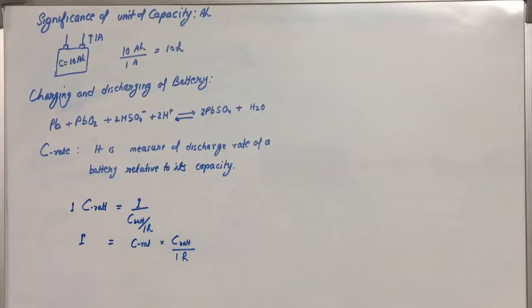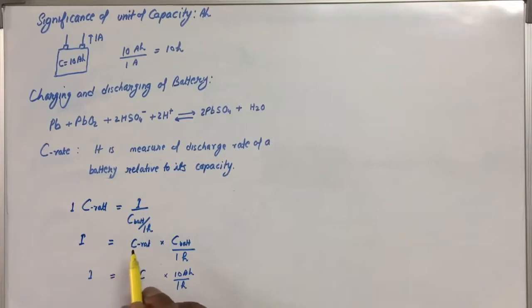So if the C rate of the battery is 1 C for a 10 ampere hour capacity, it would correspond to a discharge current of 10 ampere over 1 hour.